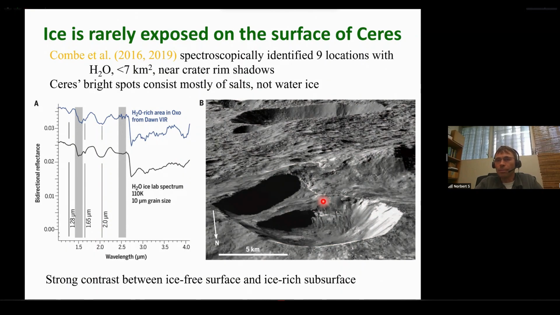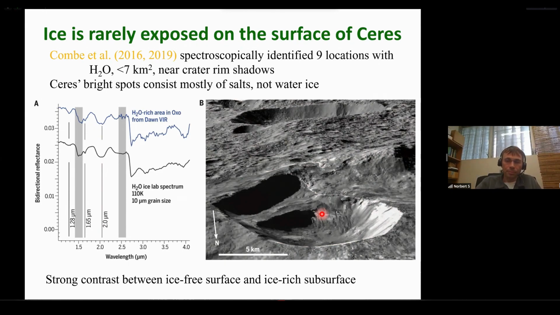There's a wide region close to the rim of a crater where a spectrometer picked up some water ice, and eventually a few spots were found which are partially water ice, but very small. The largest water ice deposits on the surface of Ceres are actually in the permanently shadowed regions. So it's almost completely ice-free, and yet it's an ice-rich object.